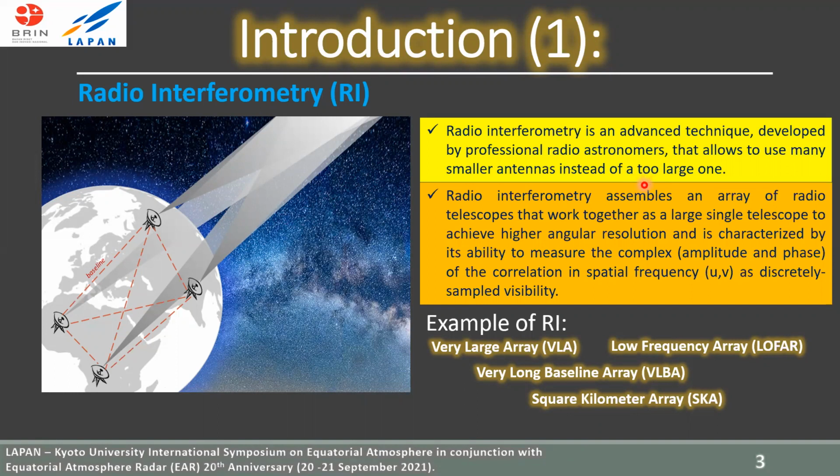It assembles an array of radio telescopes that work together as a single telescope to achieve higher angular resolution. Up to now, there are a lot of examples of radio interferometry, like the Very Large Array, Low Frequency Array, Very Long Baseline Array, as well as the Square Kilometre Array.